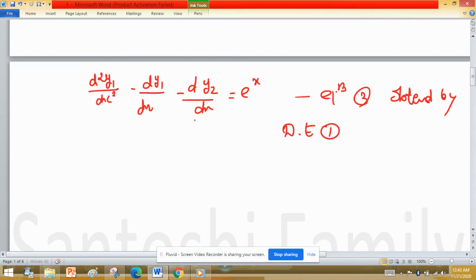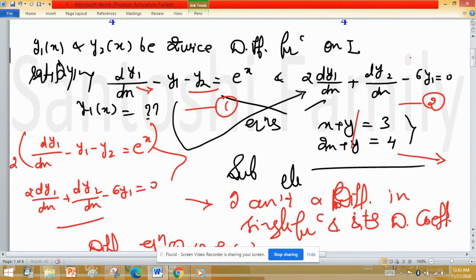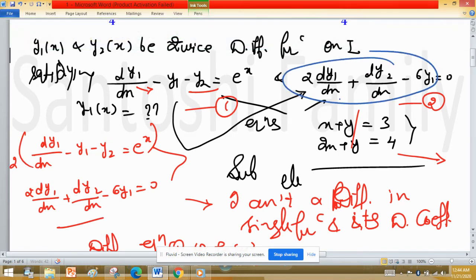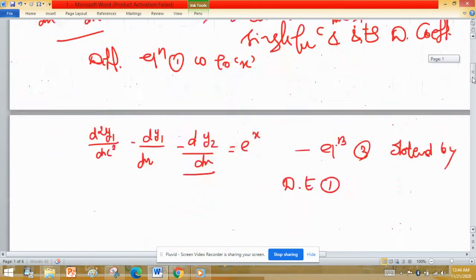Now dy2/dx comes here, so I will replace it using equation 1 or 2. From equation 2, dy2/dx = 6y1 - 2 dy1/dx.